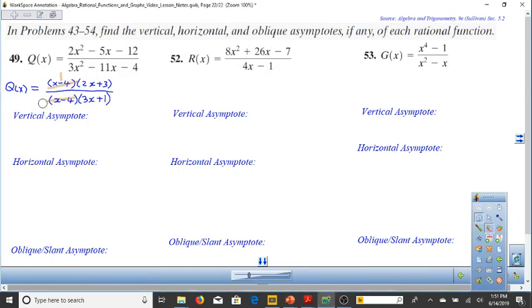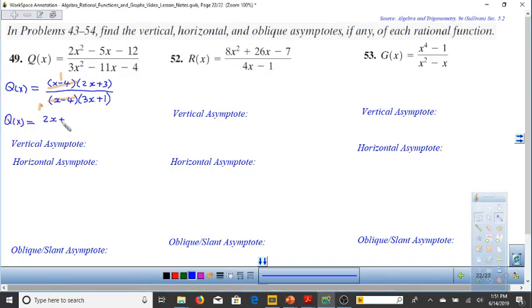And if that cancels, that leaves us with this expression here. I'm going to simplify it a little bit more before I write my vertical asymptotes. So q of x is actually 2x plus 3 over 3x plus 1, with the stipulation that x is not equal to either 4 or negative 1/3.